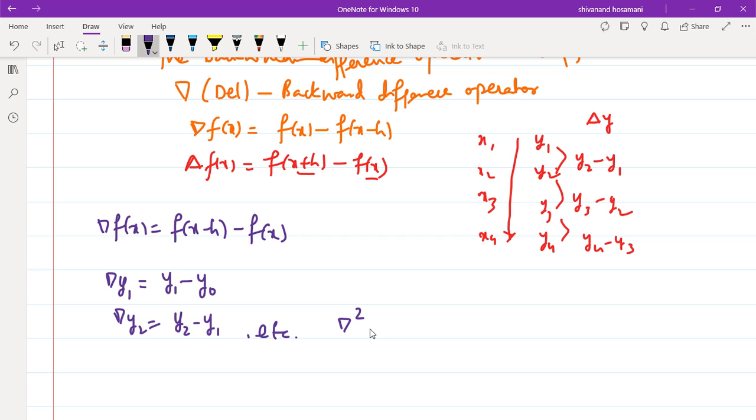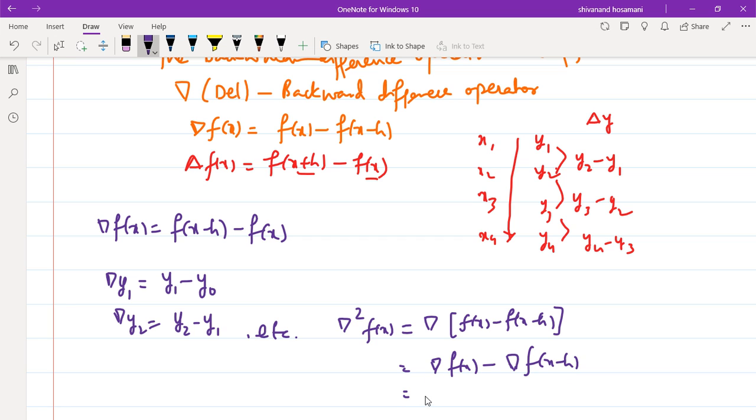The second backward difference, that is del square f of x, is equal to del of f of x minus f of x minus h. That is nothing but del of f of x minus del f of x minus h.